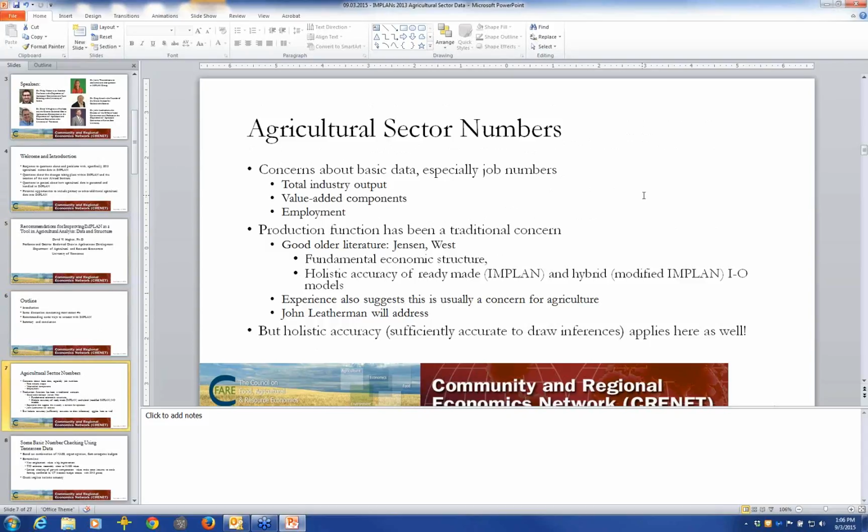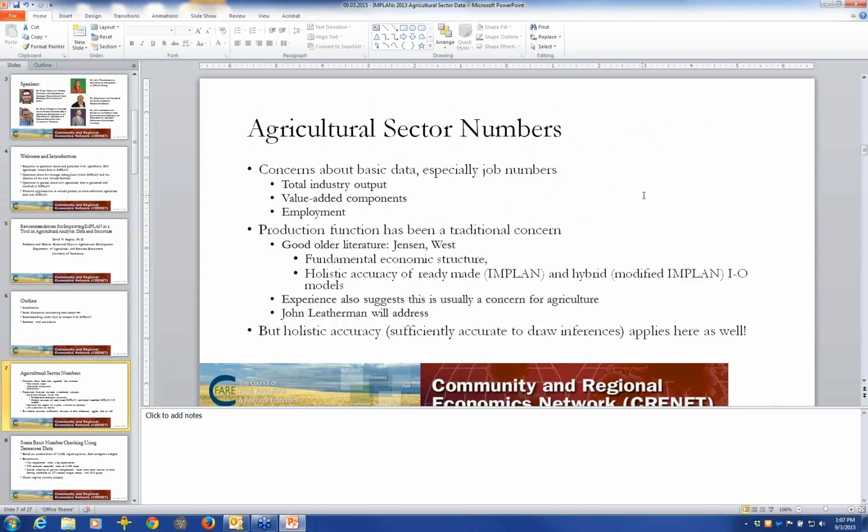Traditionally, in looking at the agricultural sectors in IMPLAN and doing analysis based on those sectors, the production function has been a traditional concern, and there's some good older literature by people like Jensen and West that looks at that.